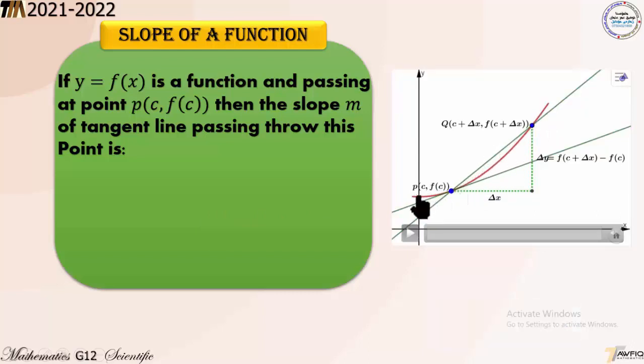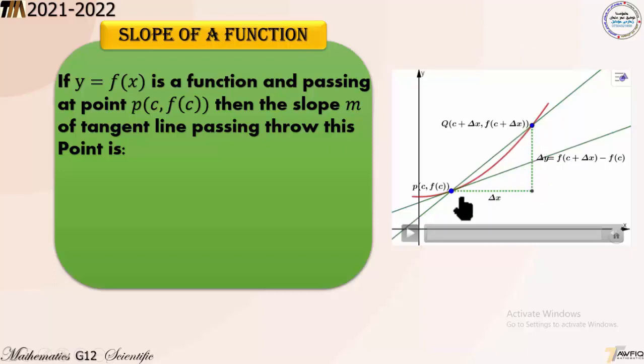that passes through a point P(c, f(c)) and take another point on the graph of the function. Let it be point Q. If this distance is delta x, and this one is delta y.